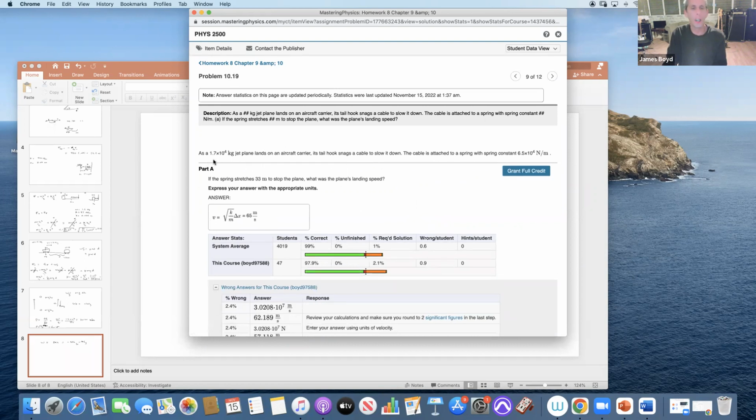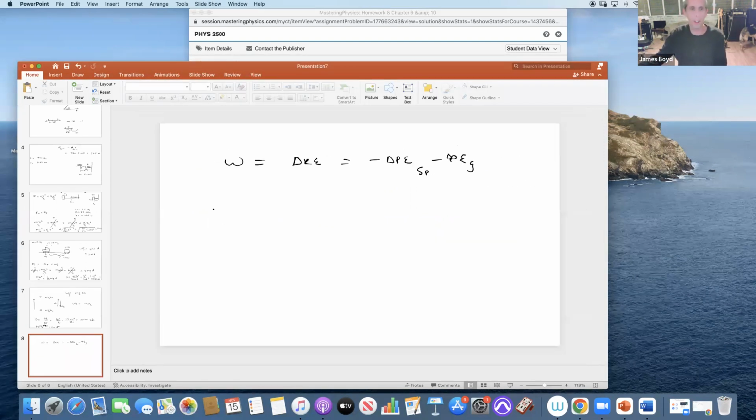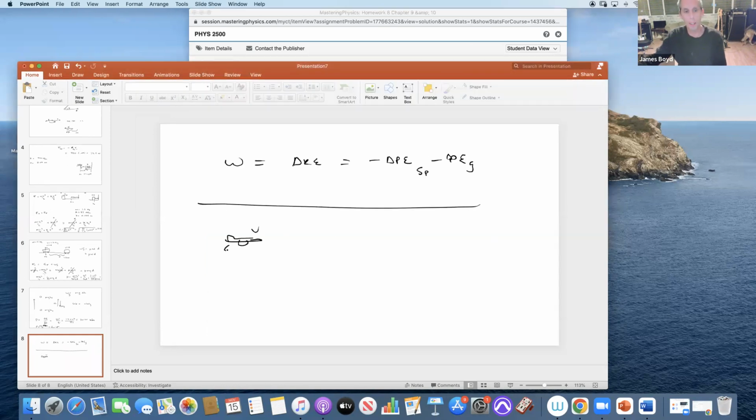All right. A jet lands on an aircraft carrier and the tail hook slows it down. This is a spring problem, and that spring constant is very big. So what we essentially have is a jet that is flying at some initial velocity, and it grabs a spring, and the spring stretches from equilibrium some distance x and stops the plane.